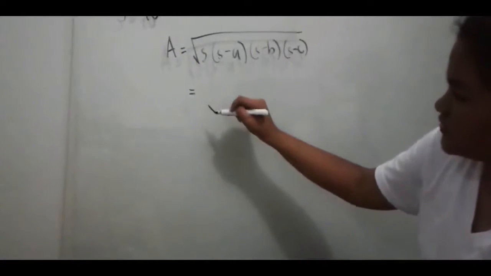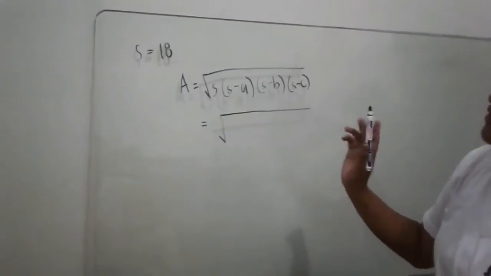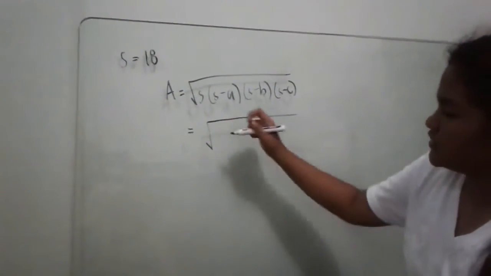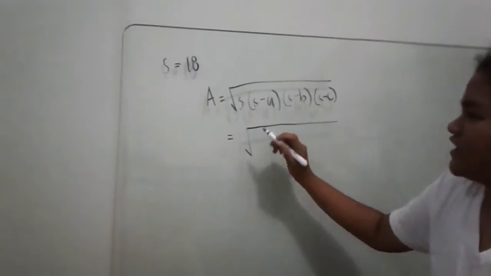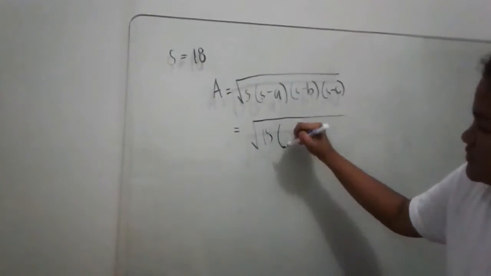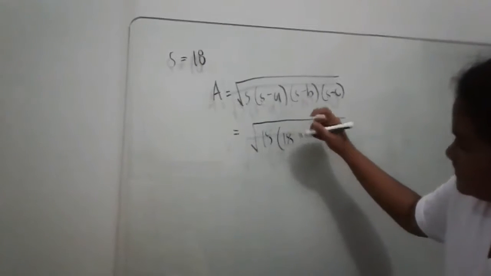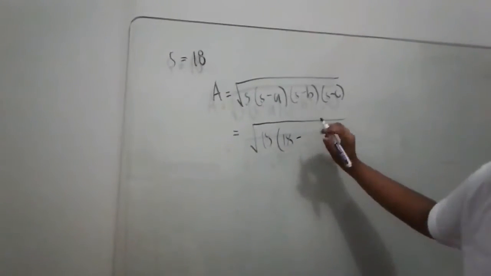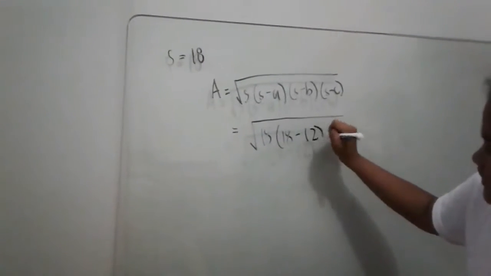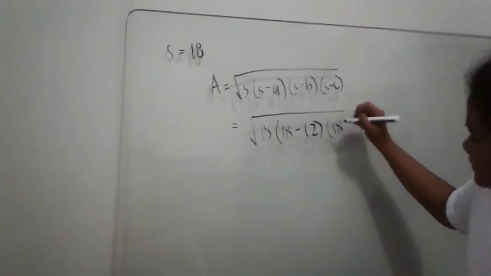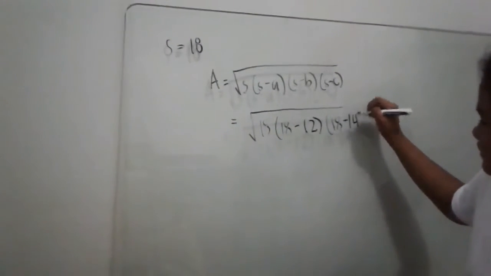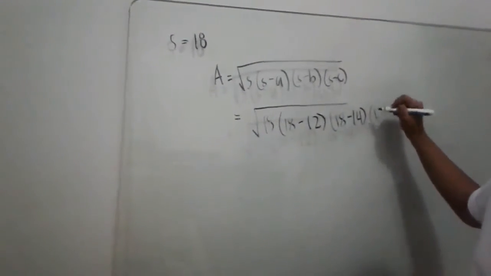Now let us proceed to the substitution of the values in those variables. S is 18, so 18 times 18 minus 12, 18 minus 14, then 18 minus 10.